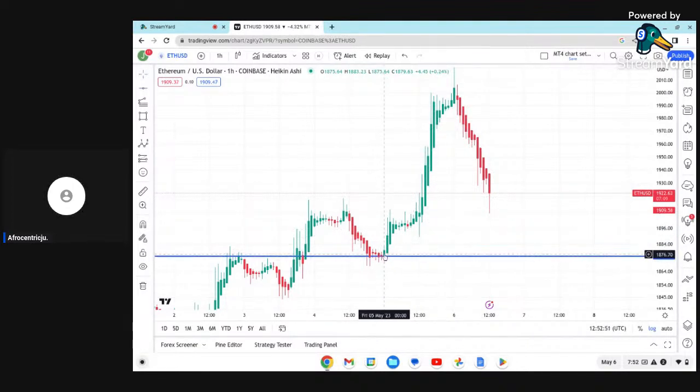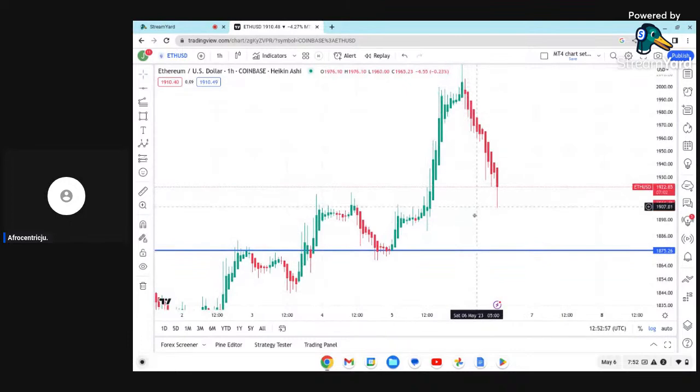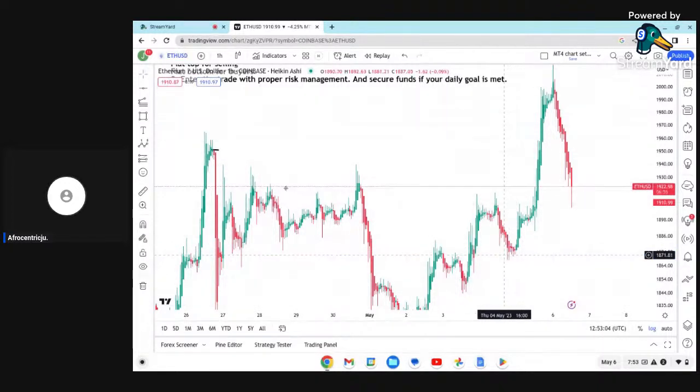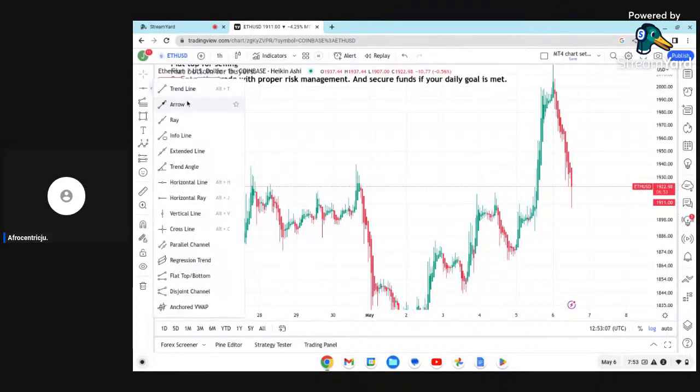Right here. And I would enter here and I'll ride all that. Or I could ride it up to this high point here. Actually, I'm gonna get a trend line instead of time.